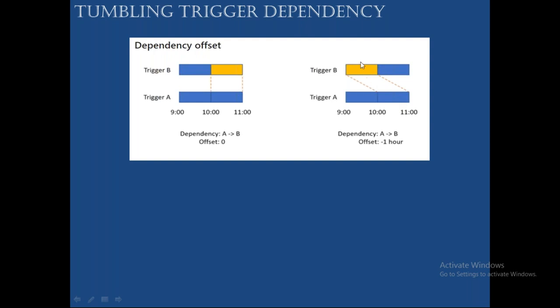Understood? Previous window means the 9 to 10 window of pipeline 1 is successfully executed, then pipeline 2 will execute from 10 to 11, because -1 means previous window. If the previous window is successful, then in pipeline 2 the current window will execute.